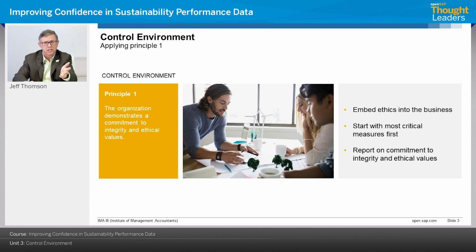As it relates to sustainability information, the board of directors, the organization has to have a commitment to have a well-rounded set of performance measures to guide both internal performance and to help external stakeholders understand the future of the business. And of course, there should be some reporting mechanism.